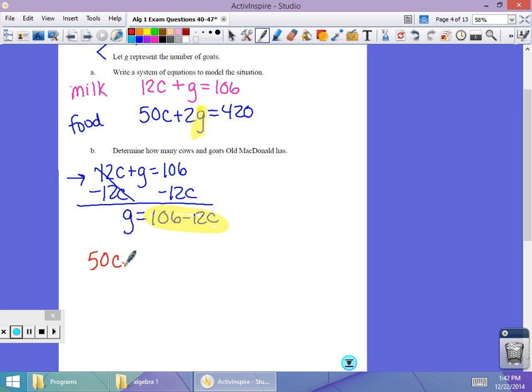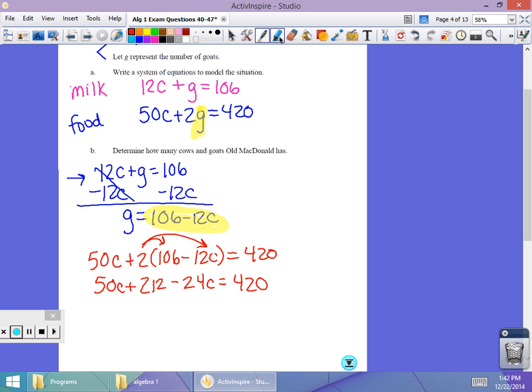So 50C plus 2 times the quantity of 106 minus 12C, which equals 420. Bring down your 50C, distribute your 2 through, 212 minus 24C.